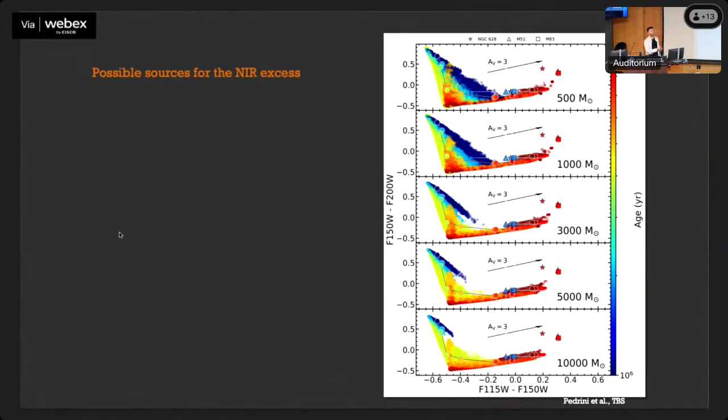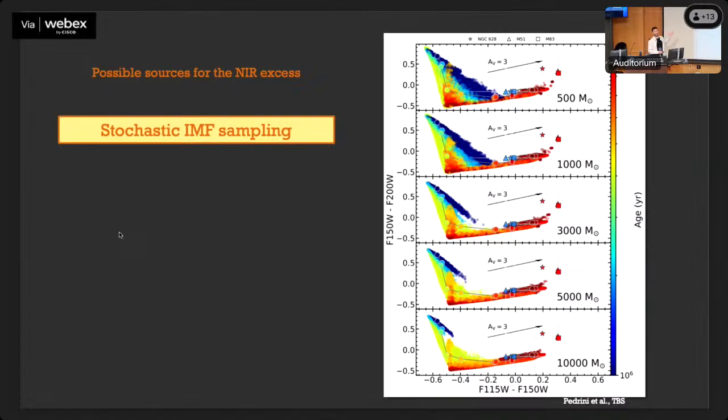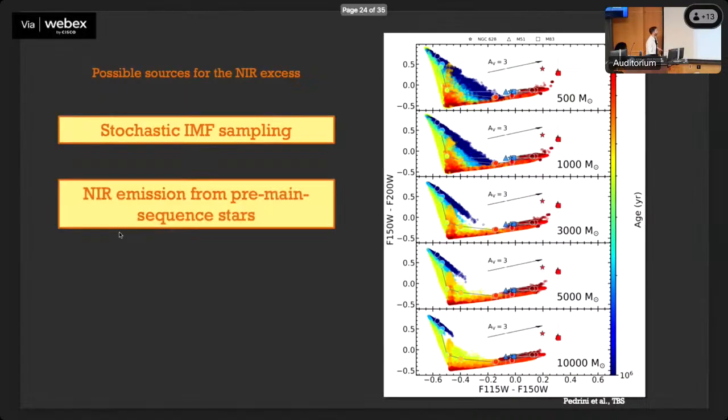The near infrared is still dominated by star emission. What we argue can be the reason for this, which is not implemented in the deterministic models such as Sgr and so on, is the stochasticity of the initial mass function sampling. This can be important in the near infrared, and you see the distribution of mass, we have a lot of low mass clusters.